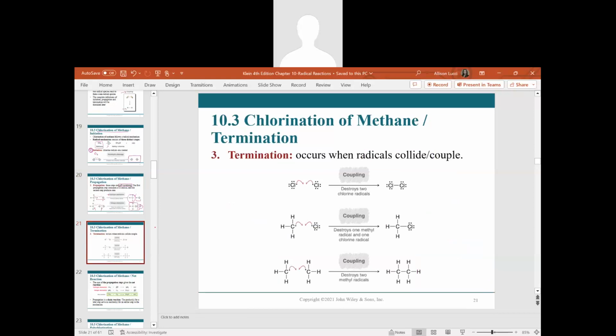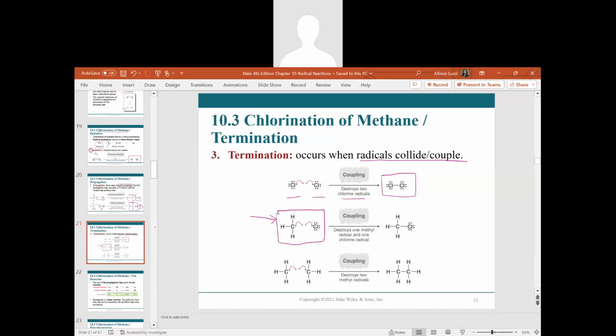So let's look at what happens after the propagation steps. So we have radicals that collide here. So 2 chlorine radicals can couple and we destroy, right? We end each of those radicals and form a diatomic molecule. We could have coupling again. So the chlorination of methane specifically would involve this type of coupling reaction here.